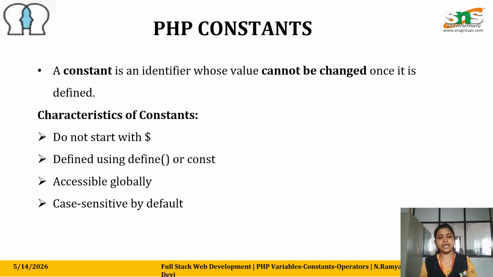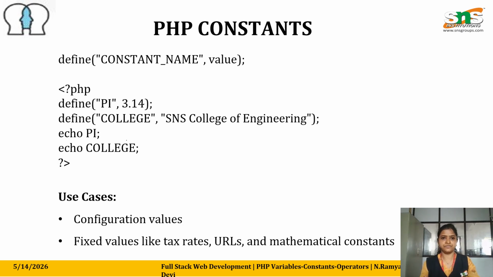Unlike variables, constants do not start with a dollar symbol, and are defined using the define function or can be prefixed with the const keyword. They can be accessed globally, and they are case sensitive by default. And this is an example of a constant.